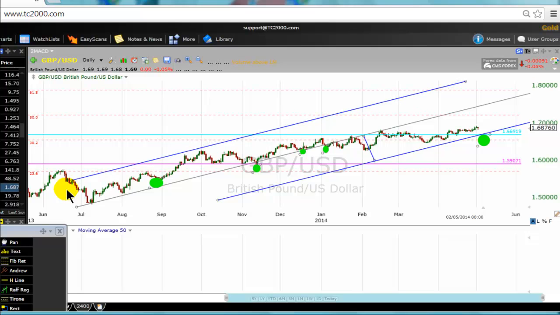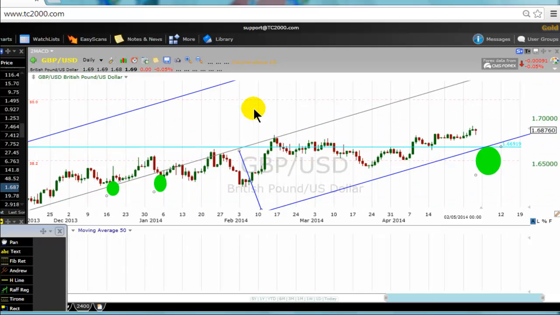All right, okay. So now because the price is out of the channel, we must project it. So the base of the new smaller channel, you see the gray line on top and the blue line here, that's our second smaller channel, okay? But the bigger channel is the blue channel, okay? So looking at the lower channel here, what we will prefer, because the short-term equilibrium price level is at 16691, the price, if you zoom into it on a daily chart, the price is a little bit away from it, okay?